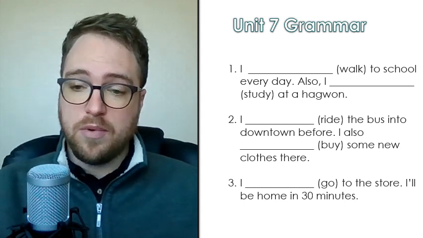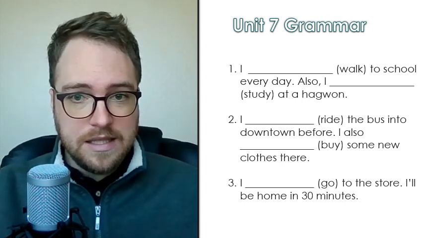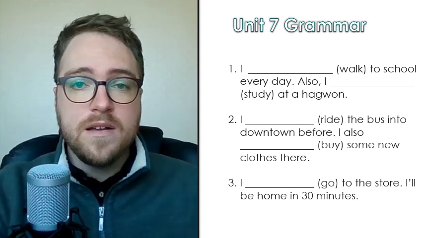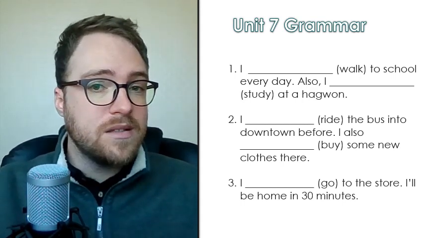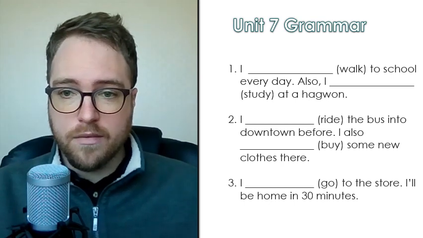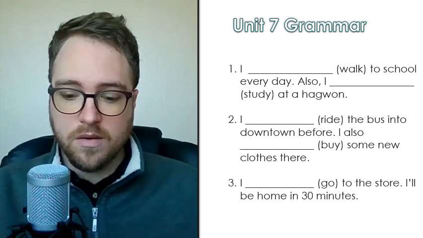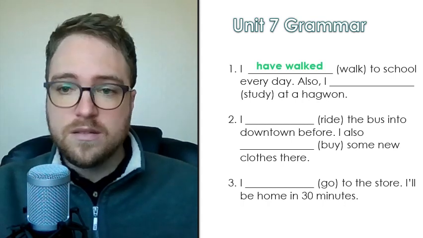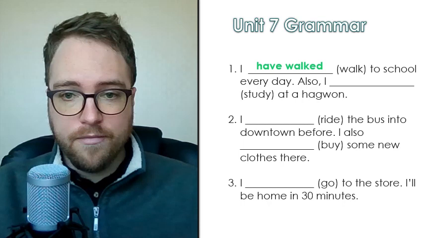Well, remember, present perfect tense is the present form of have and the past participle of a verb. Our verb is walk. So, I have walked to school every day.